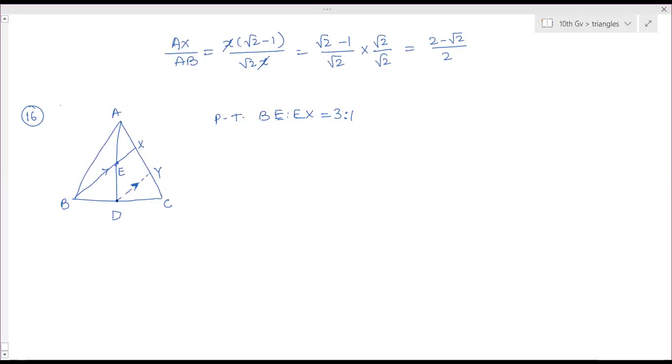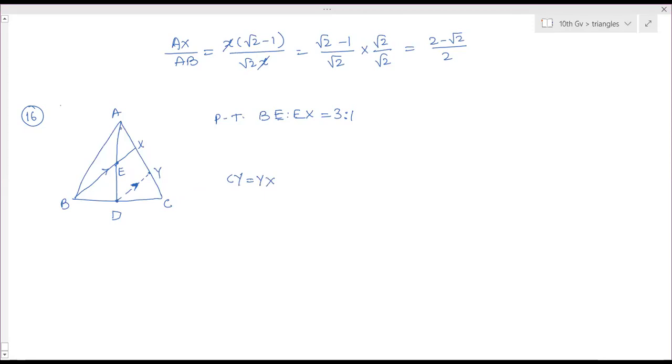D is the midpoint of BC, so we can write it as 2DC or 2BD. Directly here you can tell that D is the midpoint. DY parallel to BX, so Y is the midpoint of CX. Okay, ma'am.